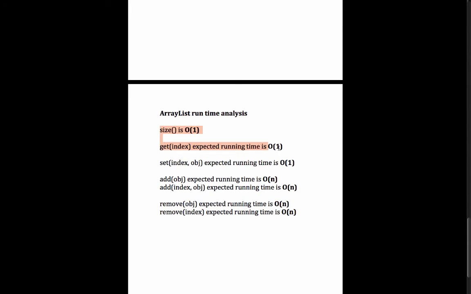So we have, so far, 3 operations which happen in constant time. 3 operations that are totally independent of the size of the data. That is very, very good. Now, when we do the add, any of the 2 versions of the add, we see that the expected running time is O(N). And again, let me remind you that expected means average. In some cases, these 2 adds could be independent of the size of the data, when we are adding at the end.